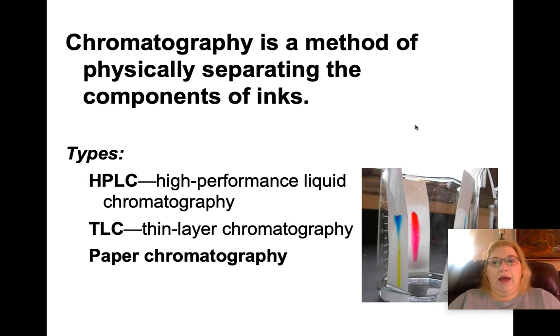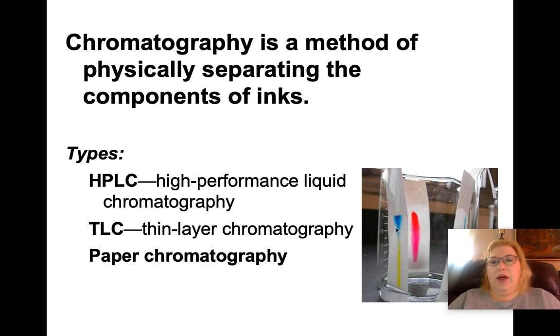We're going to be doing a lab called ink chromatography, and basically what you're doing is putting a pen mark in a beaker, and the paper will wick the ink up as the solvent goes up through the paper that has the ink on it, and it breaks it apart into specific colors.